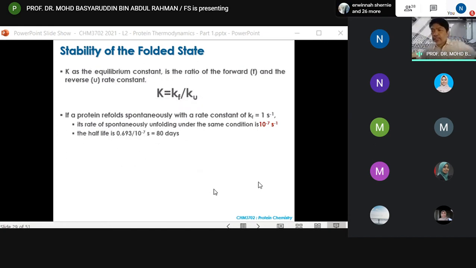So if we look at another example, where K is the equilibrium constant, if the forward reaction is F and the reverse is U, then K is equal to Kf over Ku. Where do you use this information?